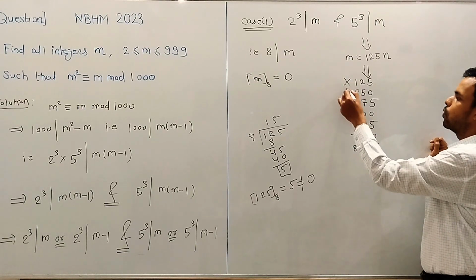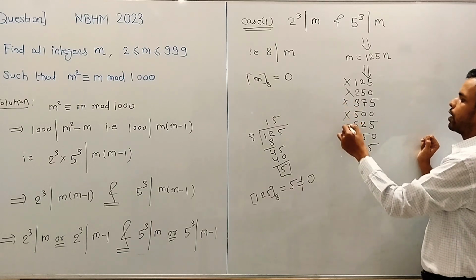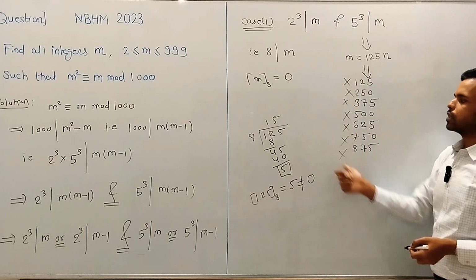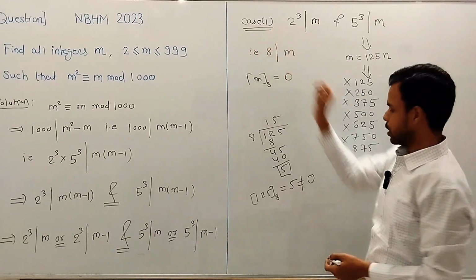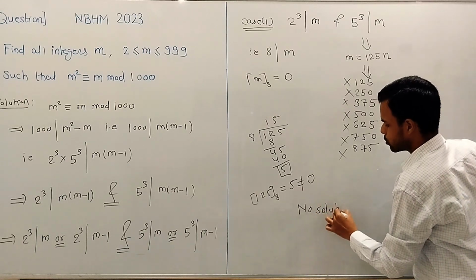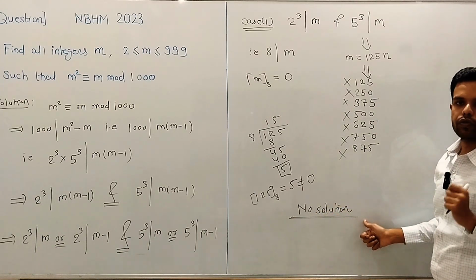Similarly, you can verify that 250, 375, 500, 625, 750 and 875 do not satisfy this condition. So in the first case, we get no solution.